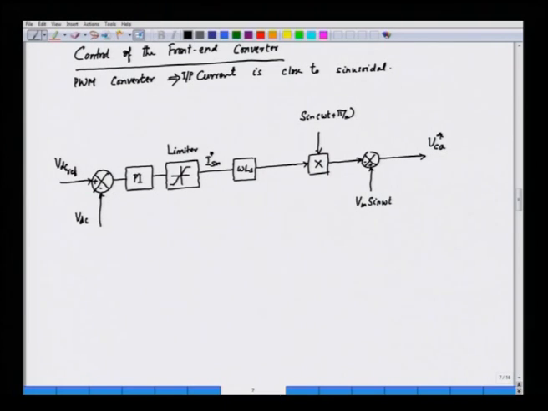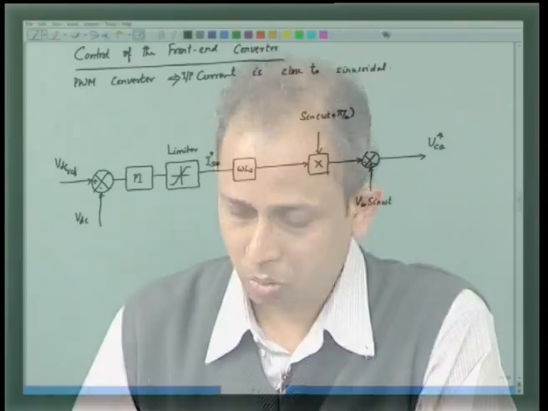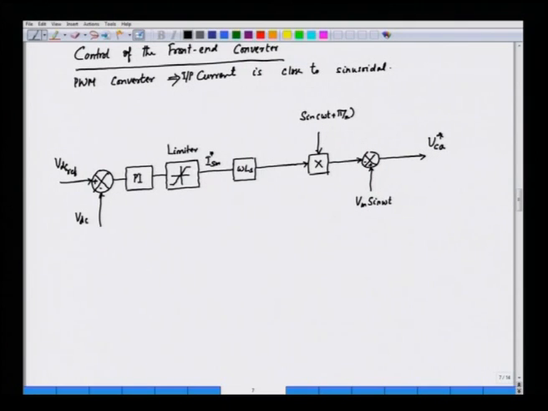Now, phase B lags behind A by 2 pi by 3. So, if we talk about phase B, the phase B situation will be lagging behind this by 2 pi by 3. So, to show how phase B will be implemented here, we have a similar structure in this case, a multiplier.